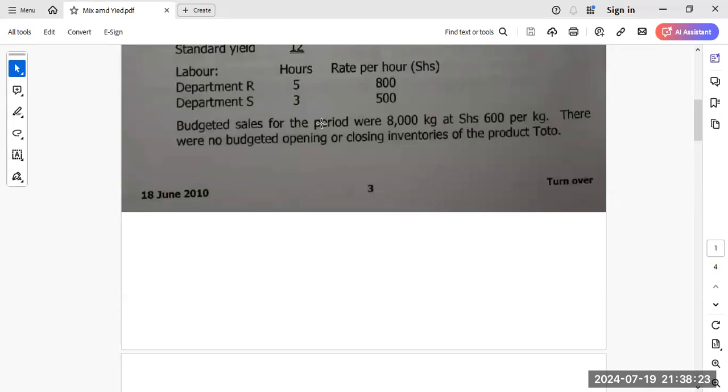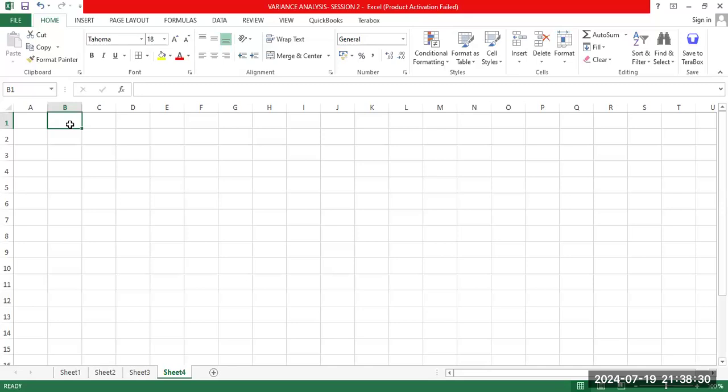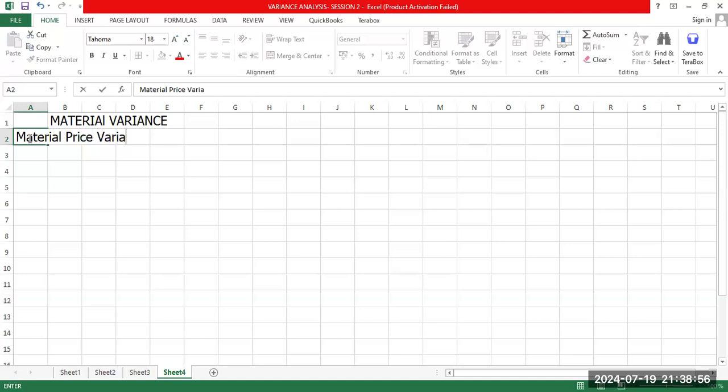How are you going to answer this? We are talking about material variance, and the first one is material price variance.